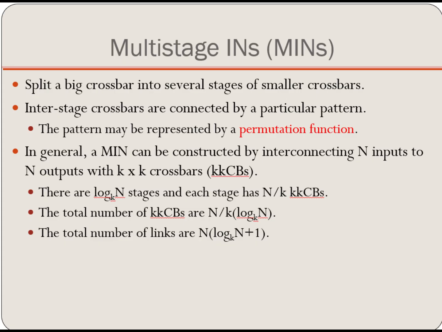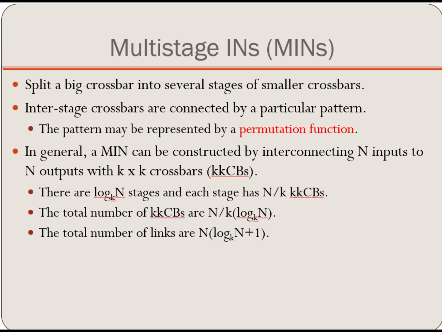Here we will talk about some of these very famous or commonly used permutation functions. In general, a multi-stage interconnection can be built by connecting inputs to outputs with k by k crossbars. There are log base k of n stages, with each stage having n over k crossbars.